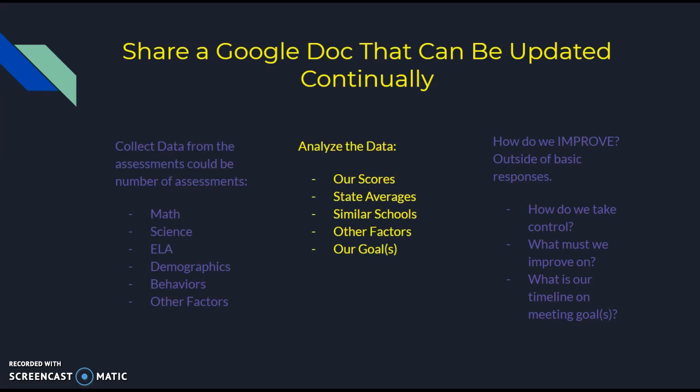If the English department looks at it and says, well, wow, our writing scores are really low. Our reading scores are okay, but the writing scores are really low. We need to look at, okay, what are we doing reading wise that's working? And then how can we get our writing scores up? How long do we think it's going to take? They're the ones that are going to know best. And then sit down with the administration, go over that, and then go from there.